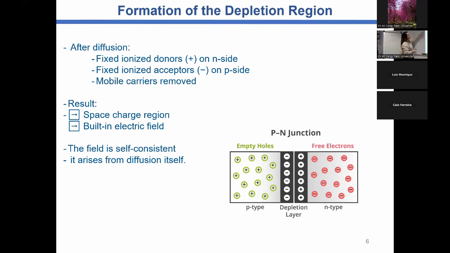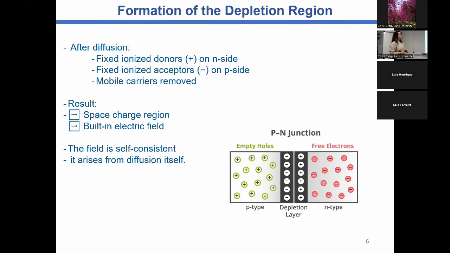So we have holes in the region close to the N type, and we will have electrons close to the P type. After the diffusion, we will not have mobile carriers anymore, just during the contact.